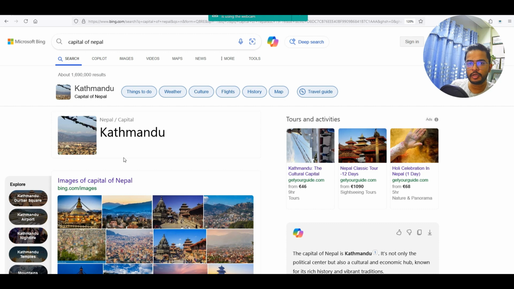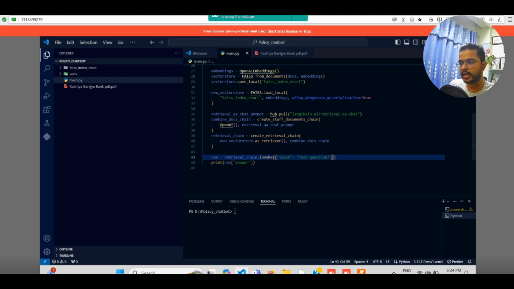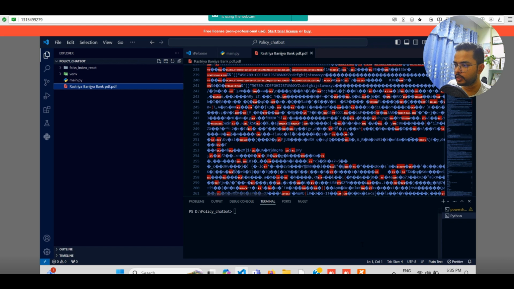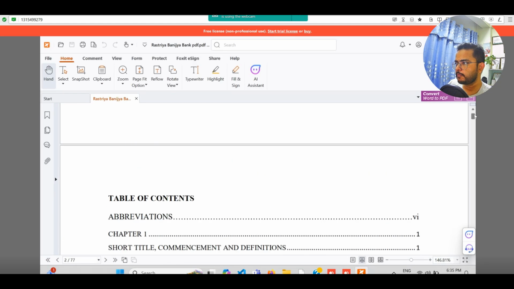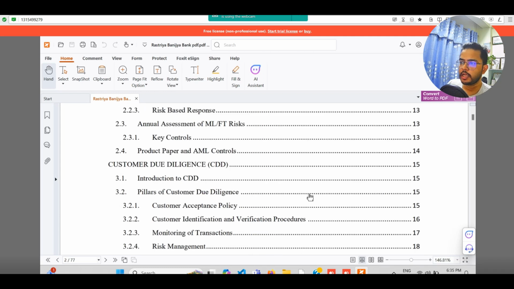Let me illustrate this with an example. I have created this AI application, and in this application I have loaded this PDF file. Let me show you that PDF file. This is a policies and procedures document that I found through Google search. I don't know about your organizational requirement, but it is not advisable to put your policies and procedures online.